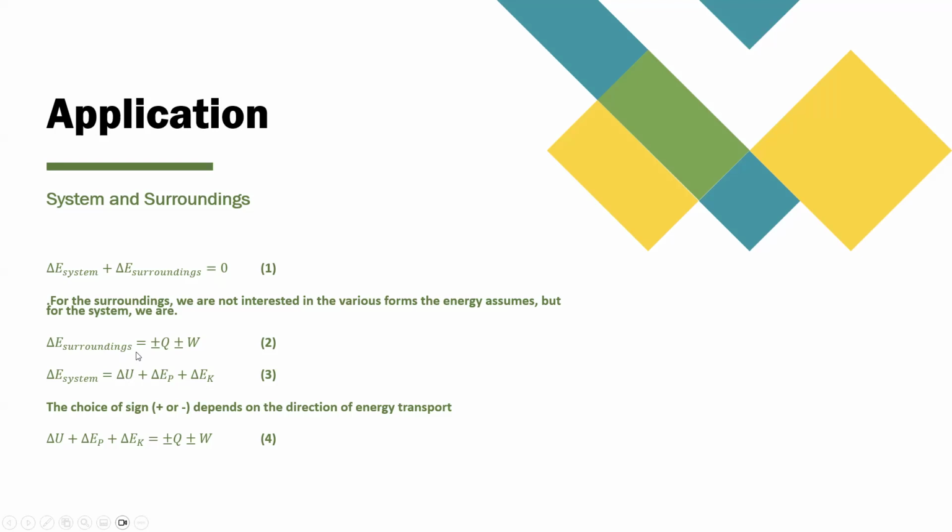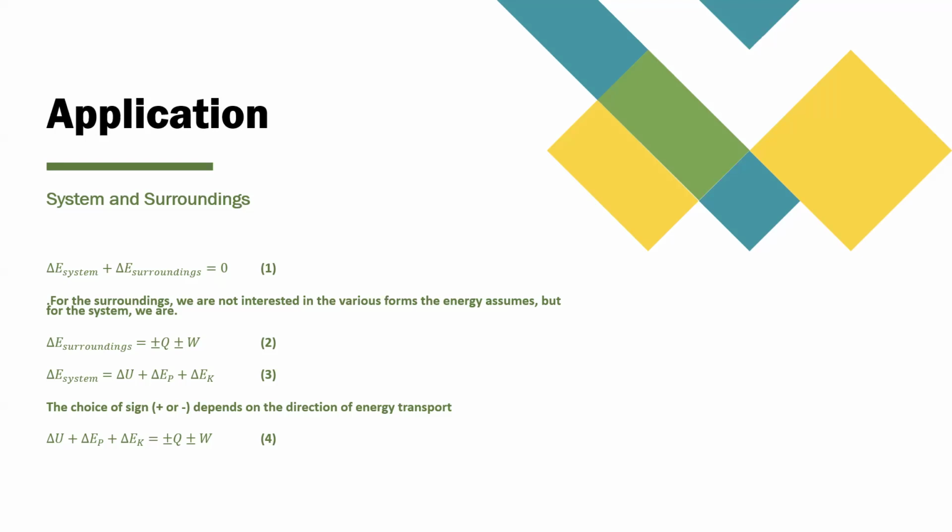Now the surroundings are so large, it is the rest of the universe. So we won't go and be checking the changes all over the universe. We will just use what comes into the system or goes out of the system to know the change in the universe, and that will be transit. Energy in transit takes only two forms, which are heat and work.